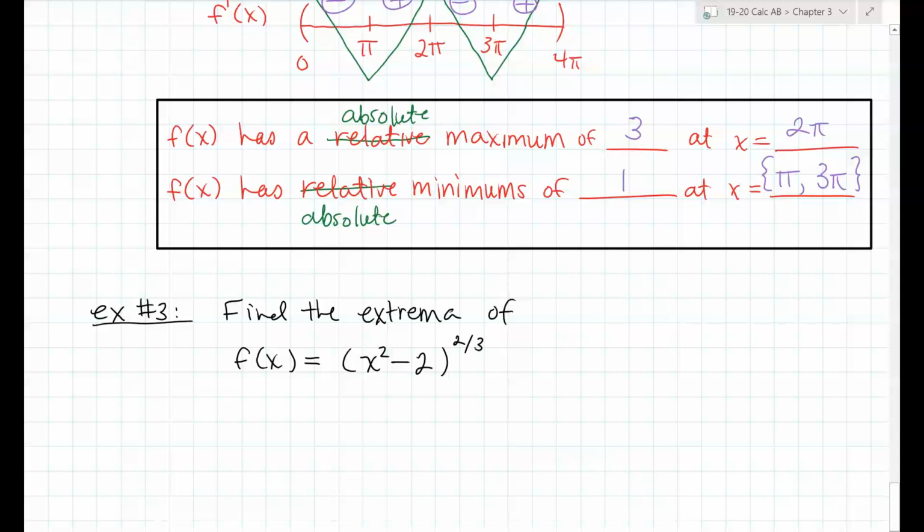Let me give you a little bit of time, maybe about a minute or two, to take the derivative and try to find your critical numbers, then I'll get started, okay?